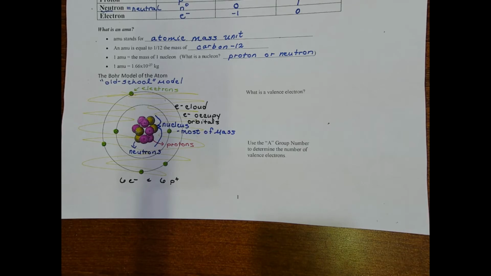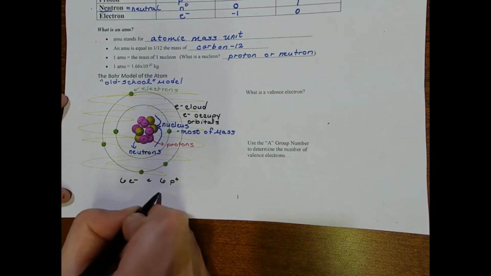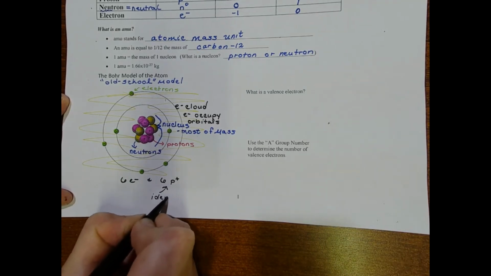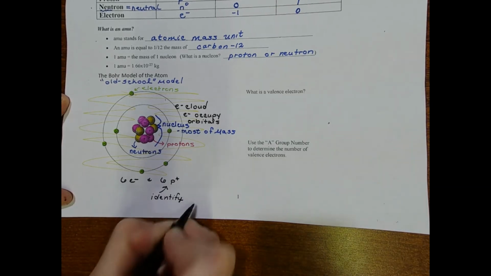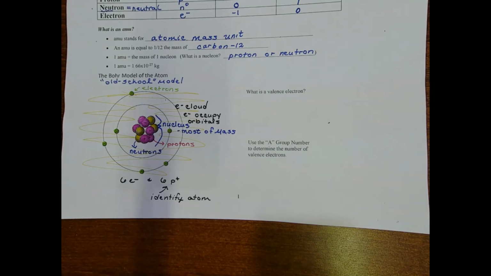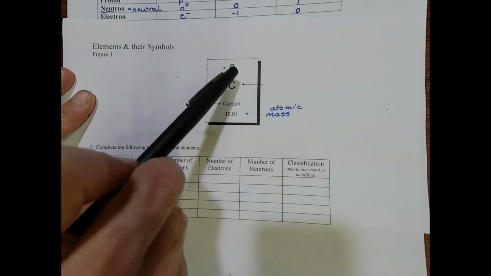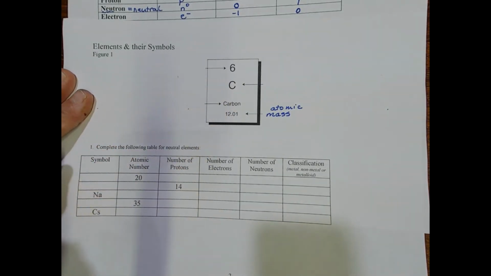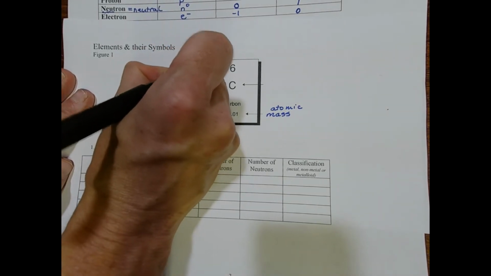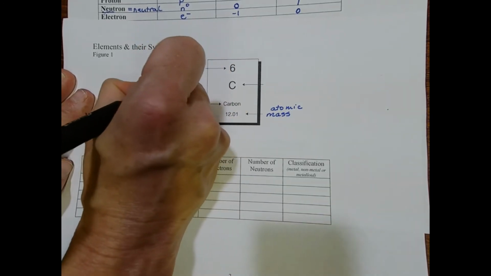And you can use the number of protons to identify your atom. So use your protons to identify your atom. You can go to your periodic table, or it just happens to be the same one on page 2. You can look it up, and this big number 6 is known as the atomic number, and that is equal to the number of protons.